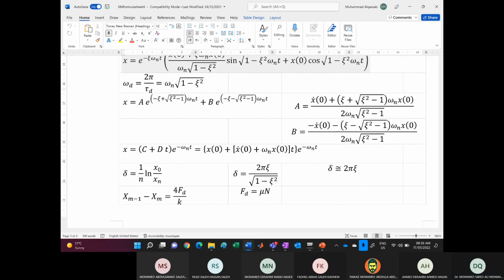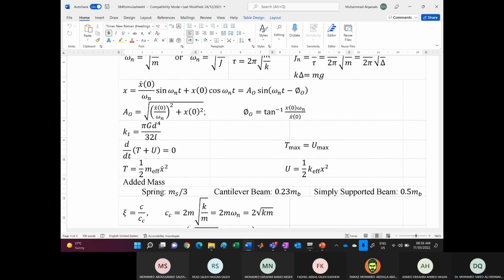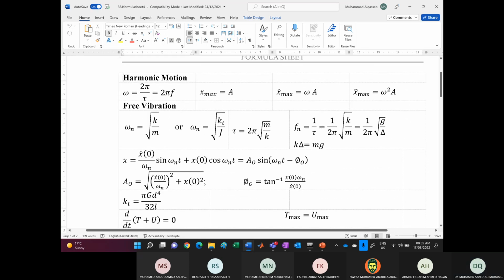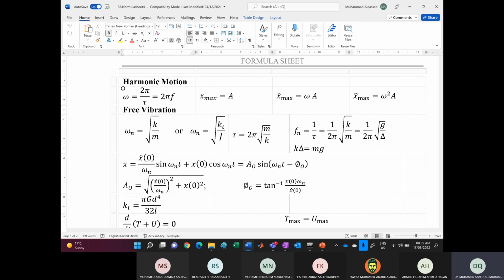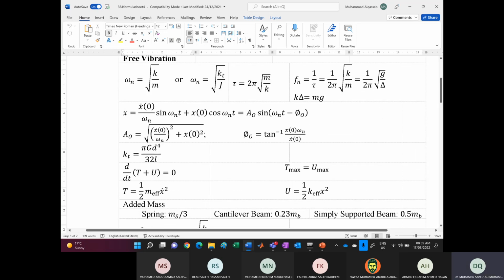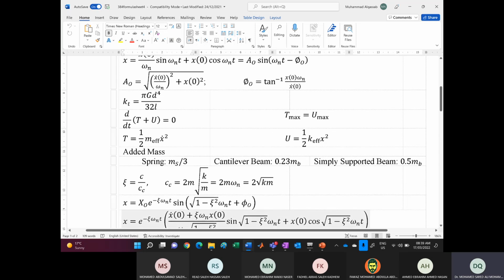Like omega n equals square root of k over m. There is a rigid body and there is distance, and we cannot use omega n equal to square root of kt over J. As we did in tutorial number 3, we did the same thing.